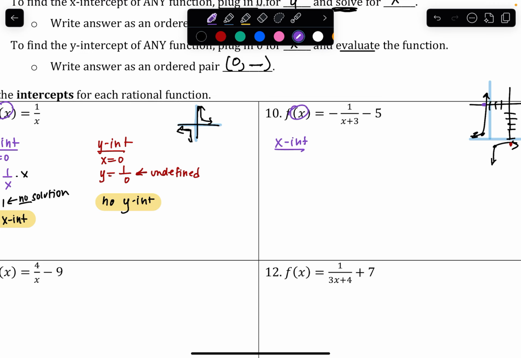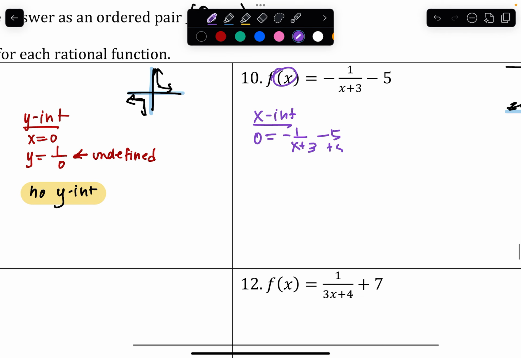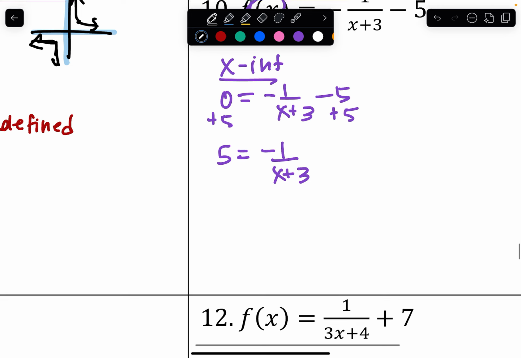we're plugging in 0 for the y. Okay, and so now to solve for x, we first need to add this 5 to both sides. And then x is trapped in the denominator, and so you can think of it as cross-multiplying if you want.